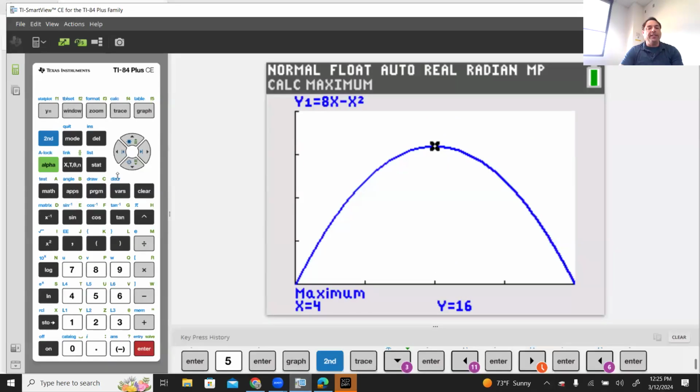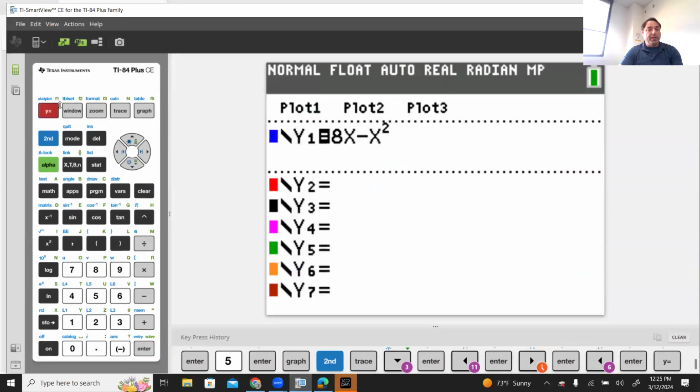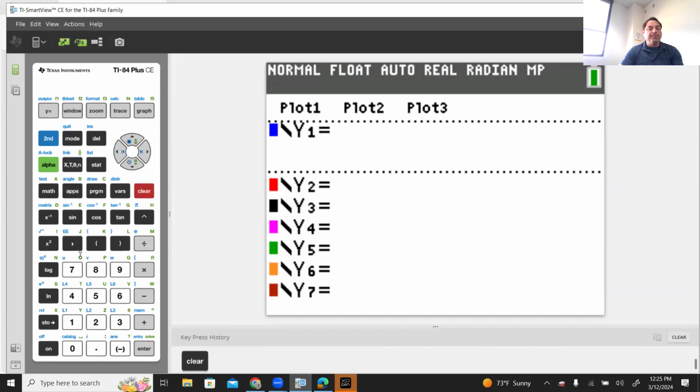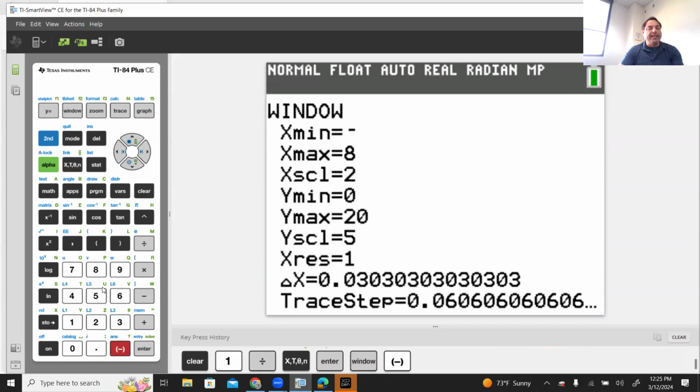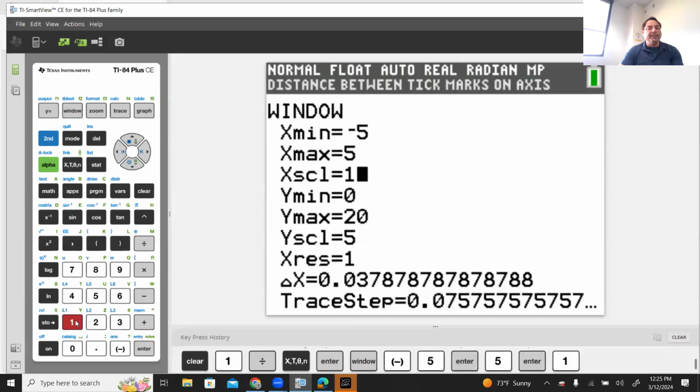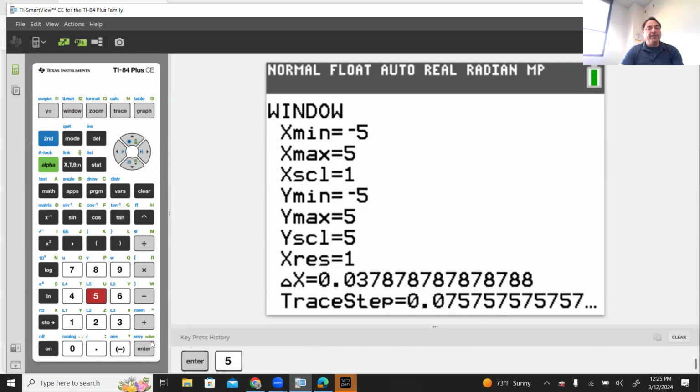So we go to our calculator, go to y equals, get rid of the y1, put 1 divided by x, and let's go see why there's nothing at 0. Well, we go to window, we're going to do negative 5 to 5, counting by ones, negative 5 to 5, counting by ones, and again, we can make it larger, make it smaller. We're just kind of guessing at this point. Press graph.